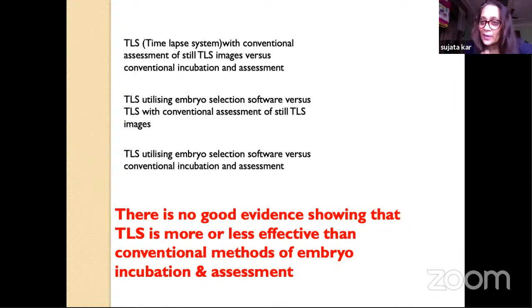When we compare time-lapse technology, both still images as well as embryo selection software, the artificial intelligence technique that they're using, with the conventional assessment, for all the parameters there is no good evidence showing that time-lapse is more or less effective than conventional methods of embryo incubation and assessment.